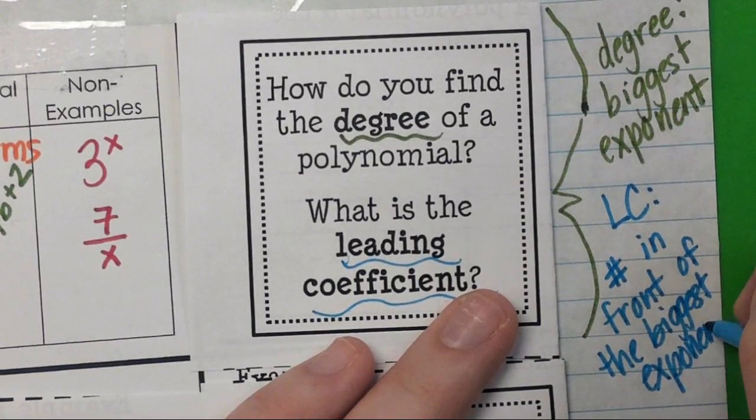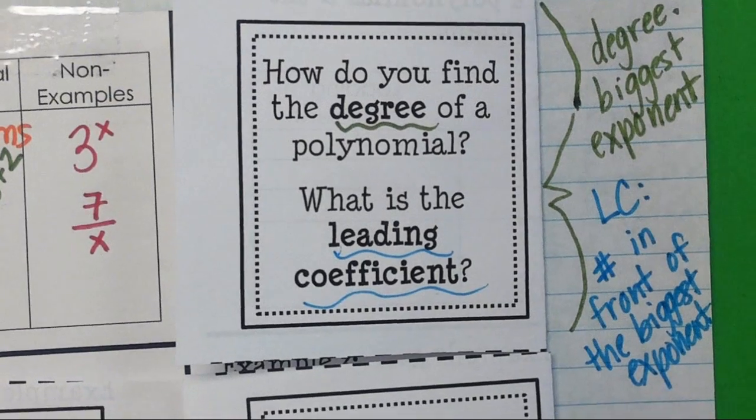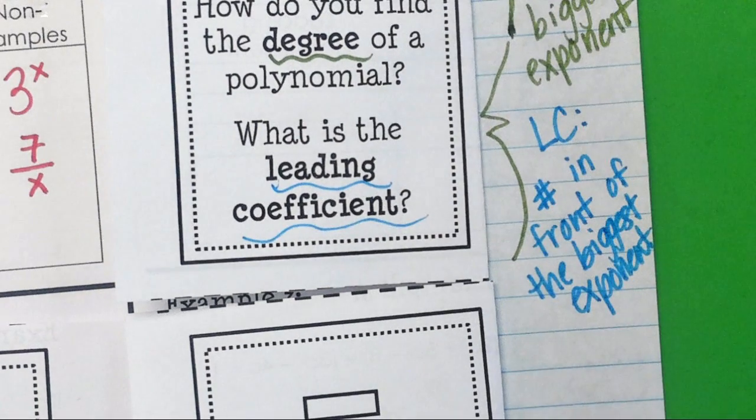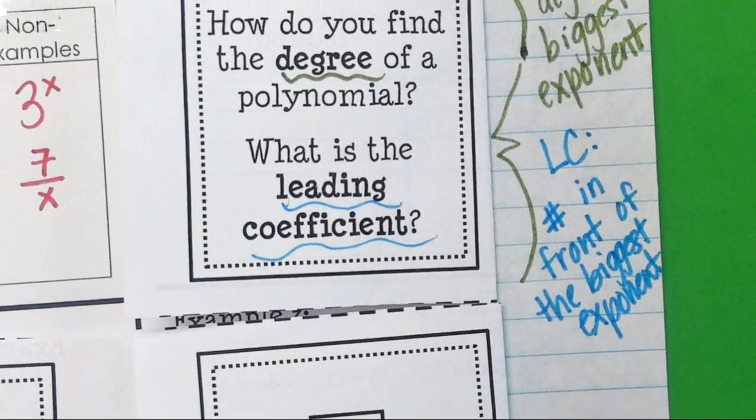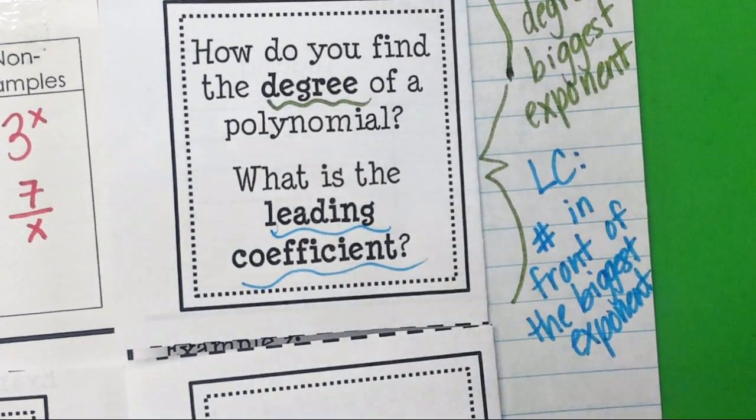So the leading coefficient is just the coefficient in front of that highest degree. So the degree is the biggest exponent. The leading coefficient is the number in front of the biggest exponent. I see some people cheating, and that's great. Go on ahead and flip the flap open. That's where we're going next anyway.